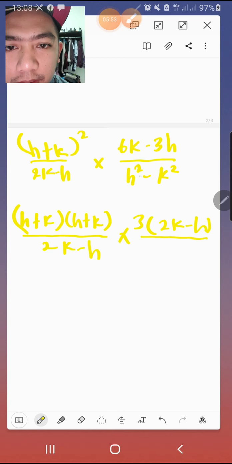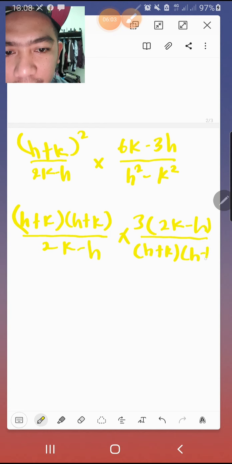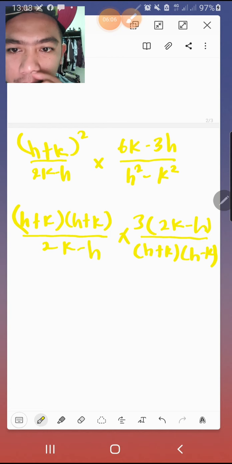And h square minus k square, when you factorize, remember, becomes h plus k and another one is h minus k.